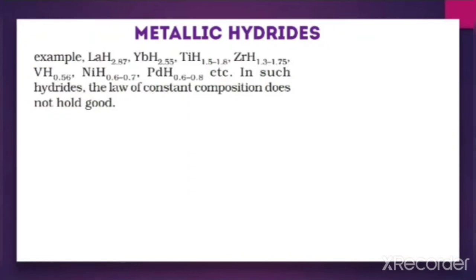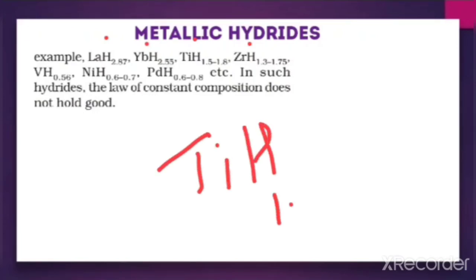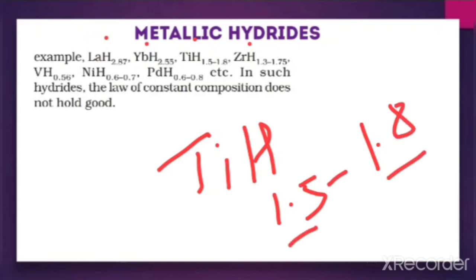Let us take some examples of metallic hydride which are given in the textbook. When you look at the formula given here, that is TiH 1.5 to 1.8. Here the number of H is a decimal, and its value varies from 1.5 to 1.8.